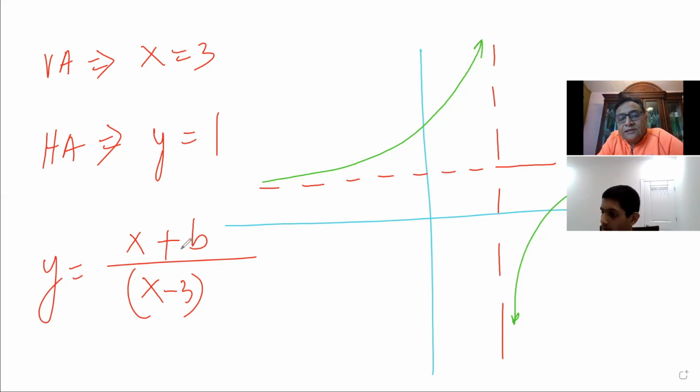If I write x plus b, clearly I meet the condition, right? So we have many functions, because this b will lead to many functions, correct? But if I define that my y-intercept is at 5, then I'll have a specific function, correct? So this leads to a family of curves.